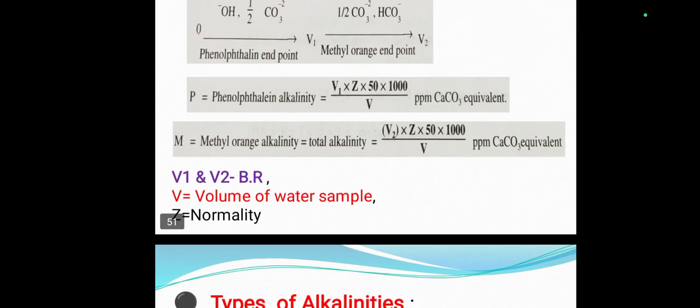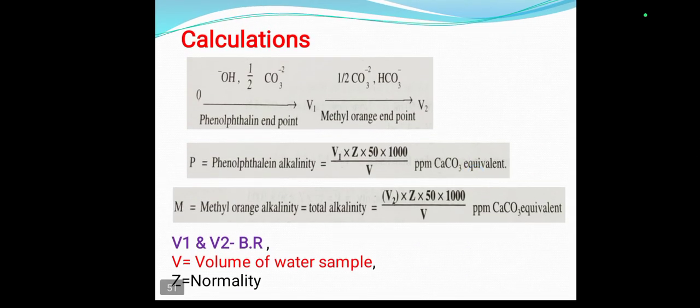And second thing, you require these formulae for calculating the value of p and yum, because without finding p and yum we can't proceed. So p and yum first we have to find, then from that value we will find the relation, and from the relation we will get the types of alkalinity, and from the types of alkalinity we can find the amount of alkalinity.